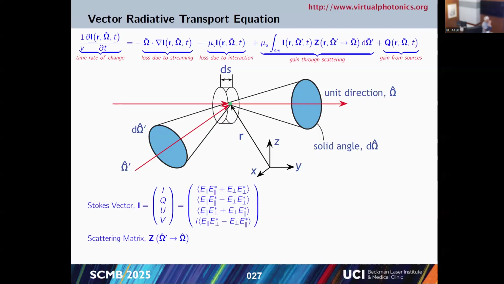Maybe that's one thing I should mention: this phase function, or in this case the scattering amplitude matrix, is generally a function of both polar angle and azimuthal angle. That's a very difficult problem to solve.